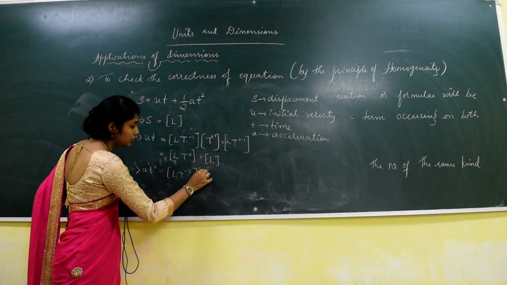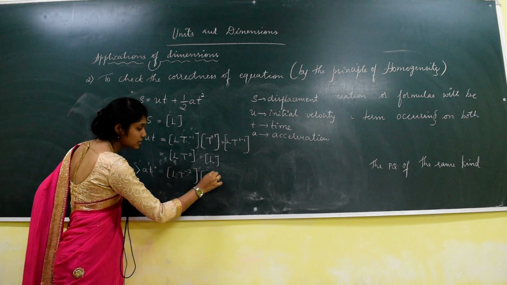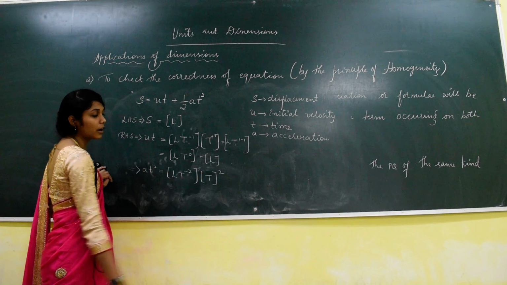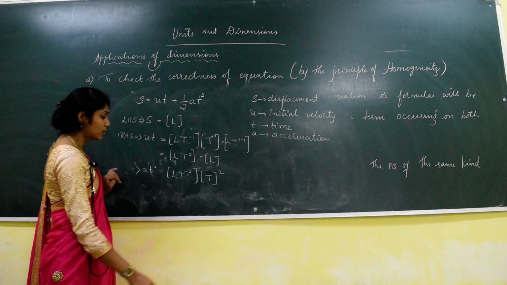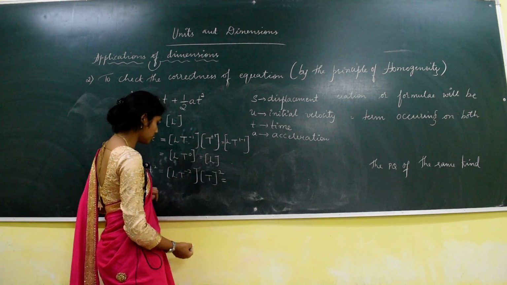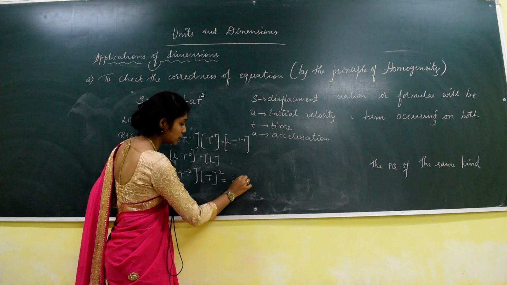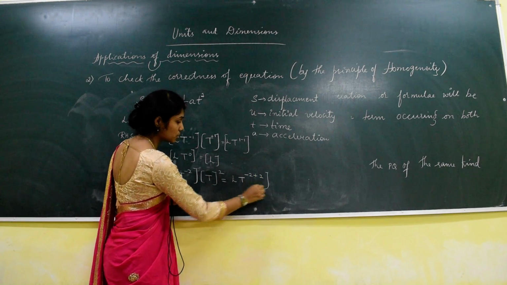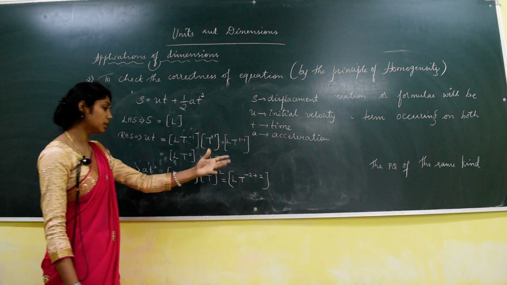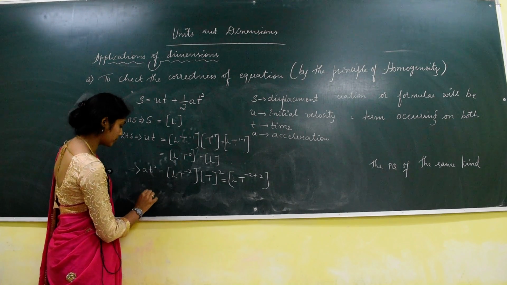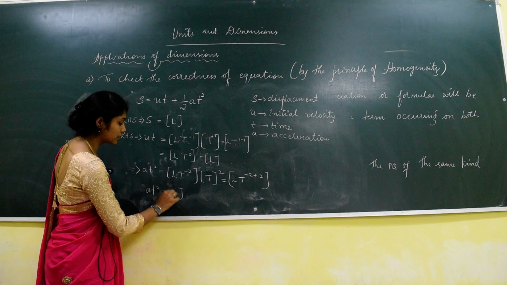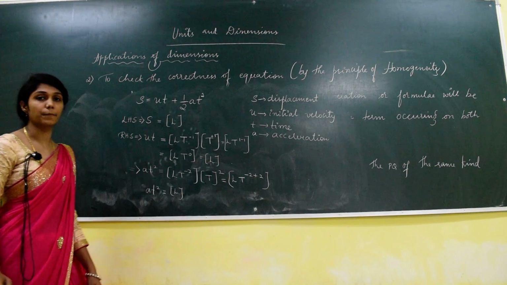And the dimensional formula for time is T, but you are having square here, so I have to put square. Therefore this is equals to LT-2 plus 2. So -2 plus 2 is T to the power 0, and anything to the power 0 is equals to 1. Again you'll get the same dimensions here.